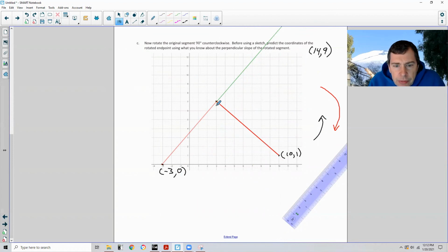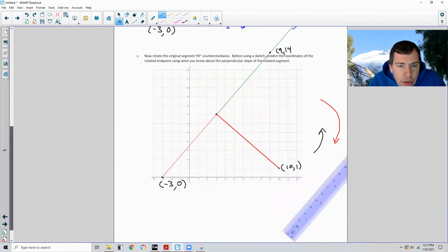Is that what I said? Or do I have it backwards? Yeah, I have it backwards. It's 9, 14. All right, so go over 9, up 14 would be about right here. I'm off my graph, so it's 9, 14, and I need to shorten that.